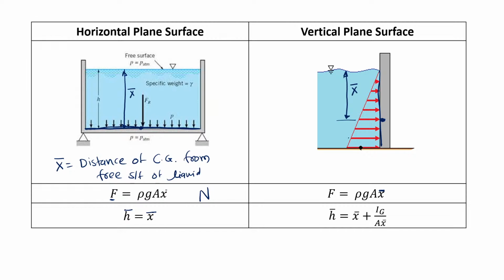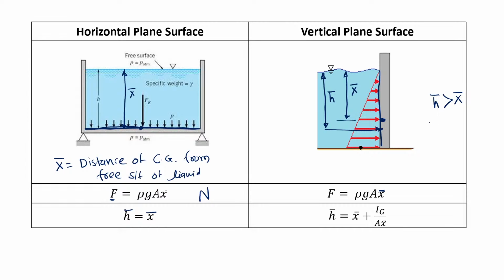This distance is nothing but x bar. So remember, always h bar is more than x bar in case of a vertical plane surface or in any other case apart from a horizontal plane surface. Except for a horizontal plane surface, h bar is always greater than x bar.